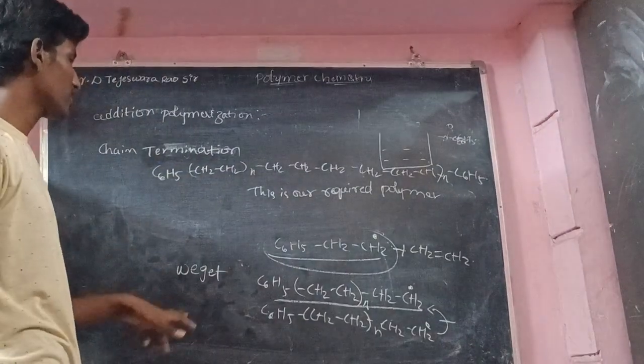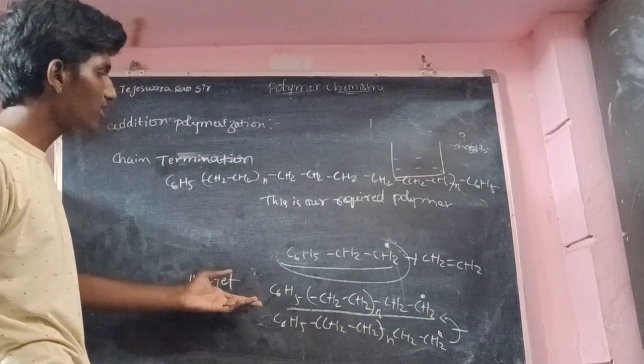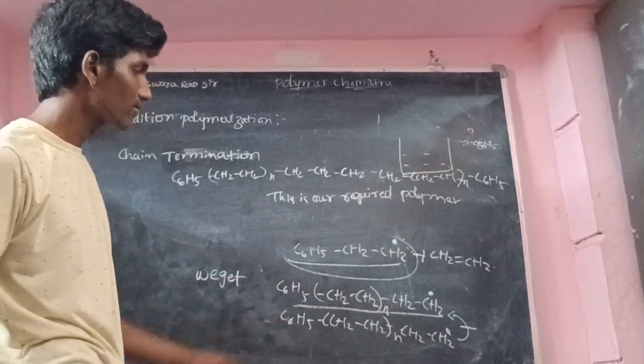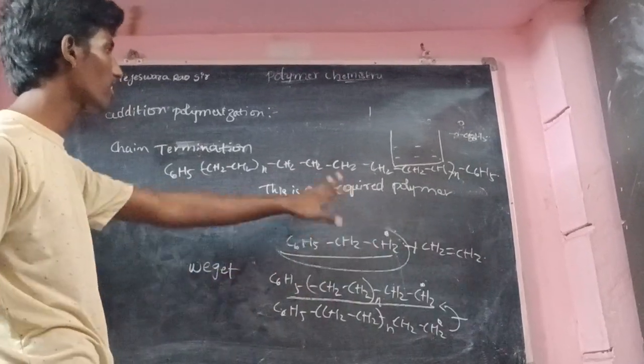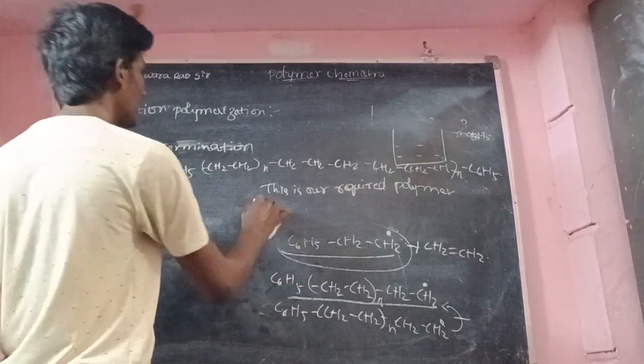This is called chain termination, when two of these big free radicals react with each other to form our required polymer, polyethylene.